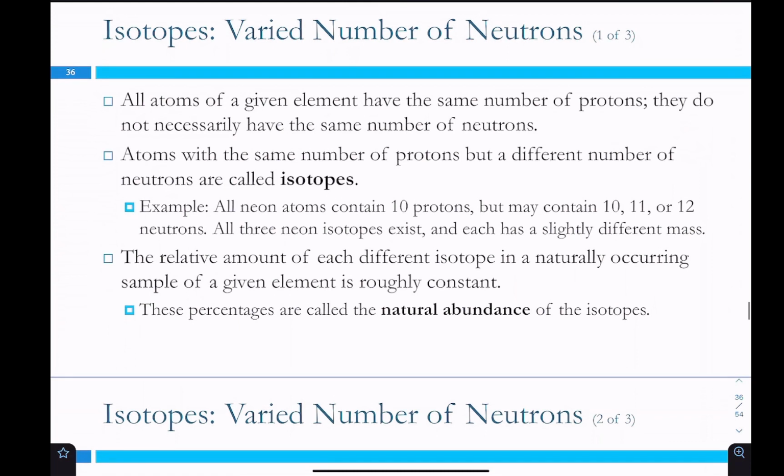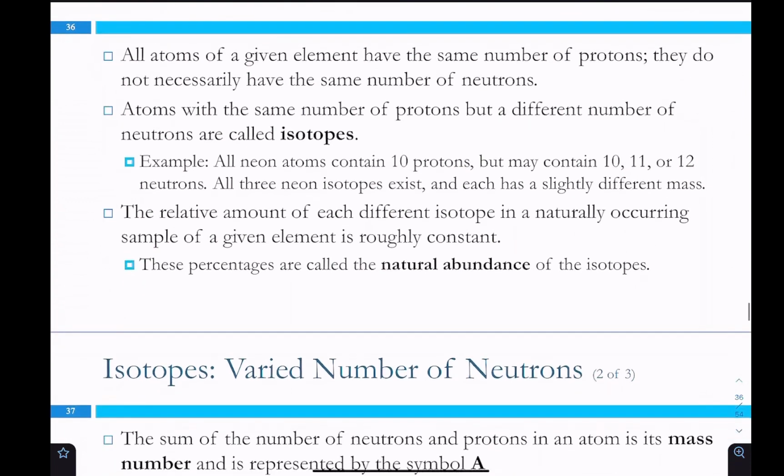For example, neon atoms all contain 10 protons, but they could have 10, 11, or 12 neutrons. All three neon isotopes exist. Each has a slightly different mass, and each exists in different abundances. The relative amount of each isotope in a naturally occurring sample of a given element is roughly constant. Those are called the natural abundance of the isotopes.